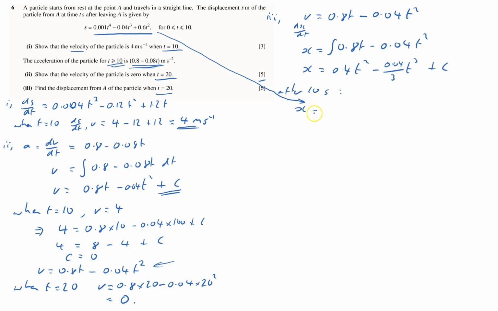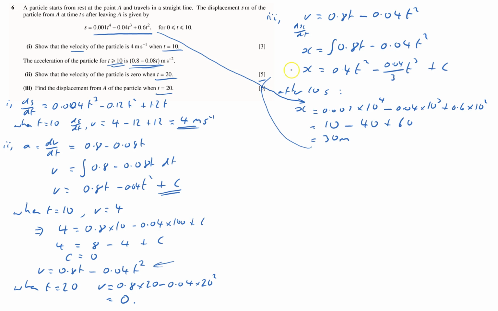We get x equals 0.001 times by 10 to the power 4 minus 0.04 times 10 cubed plus 0.6 times 10 squared, and that equals 10 minus 40 plus 60, and that equals 30 meters. So when t equals 10, x equals 30.